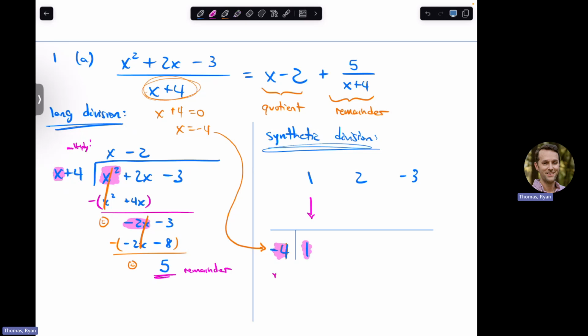And then multiply. -4 times 1. You store that there. And then we do the same thing, but we add down the column. So I'm working here now. 2 plus -4, -2.